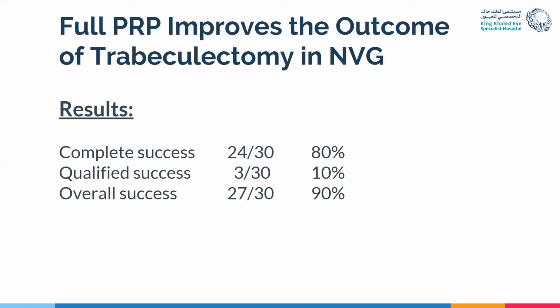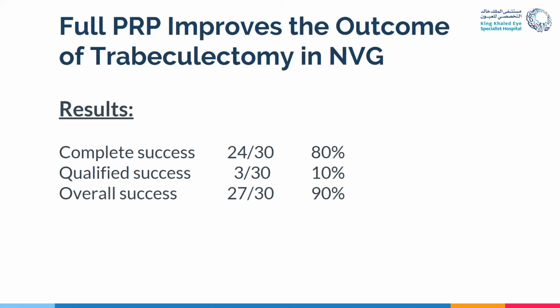They are under closer observation, so when they need intervention, for example suture lysis in the early post-op, or subconjunctival injection of 5-FU, needling or whatever. So the overall success rate was really encouraging.